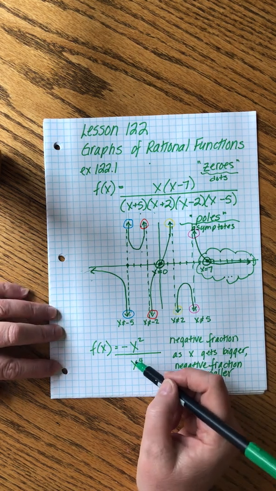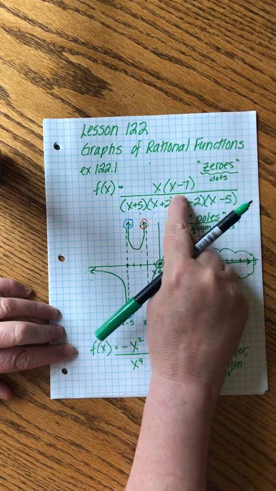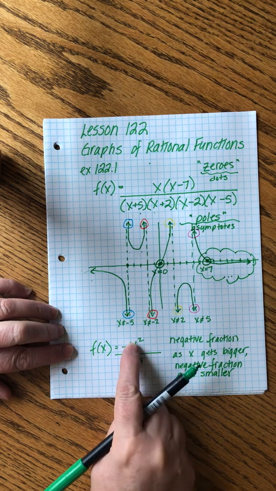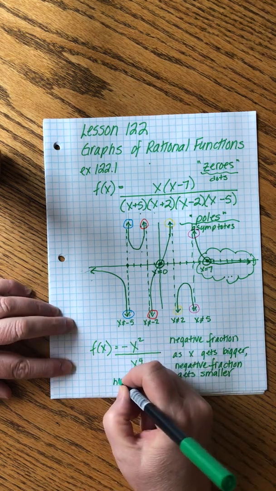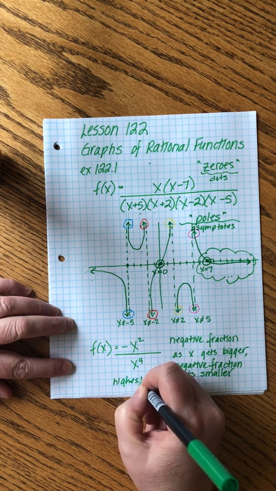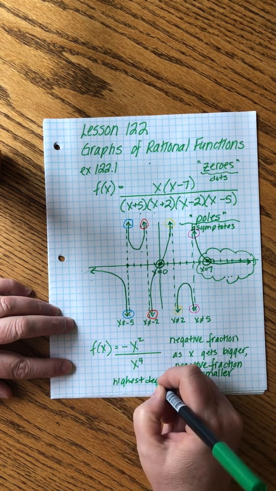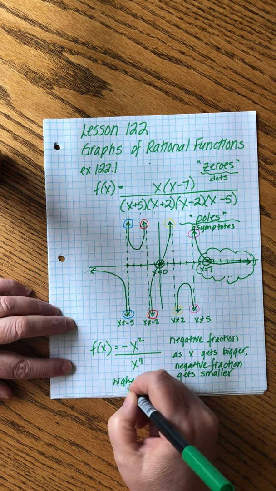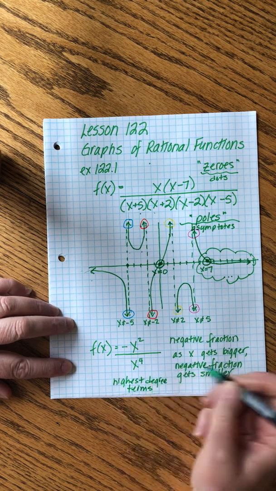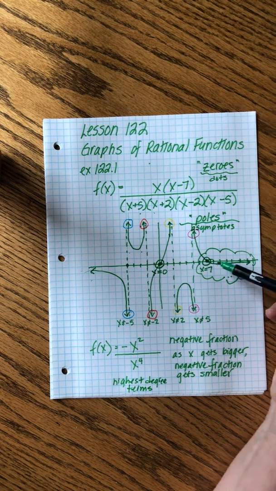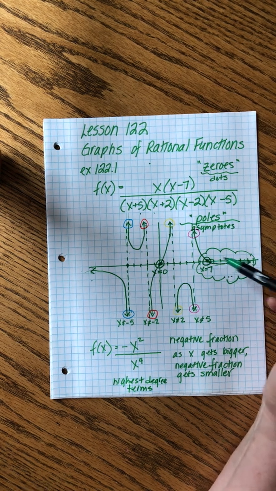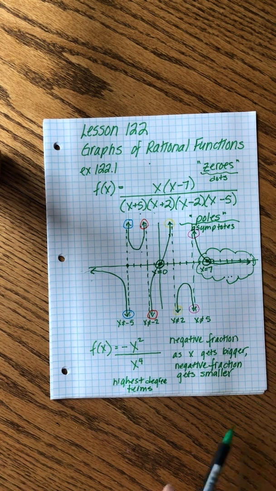But simplifying our function to just look at, these are the highest degree terms. That will help us understand a little bit about how that's behaving. And spoilers, ours are either a negative asymptote or a positive asymptote. It could be too.